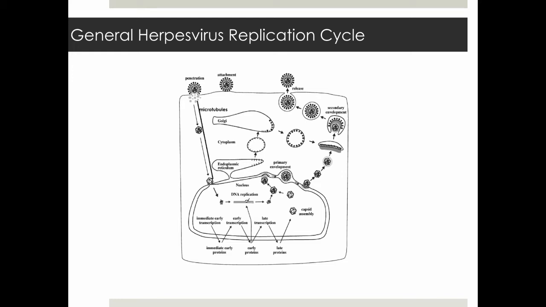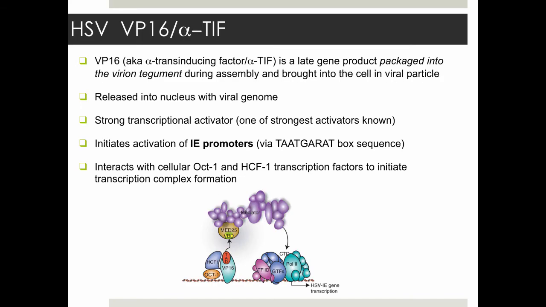The earlies then get transcribed. Those then can lead to DNA replication. Once you've made DNA replication, then you can also express late proteins, which will lead to production of your structural proteins.